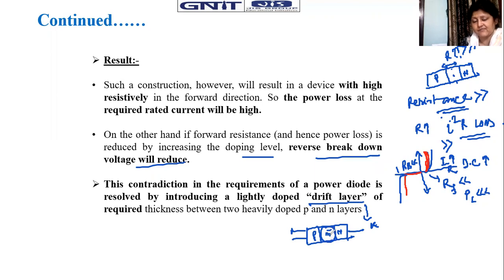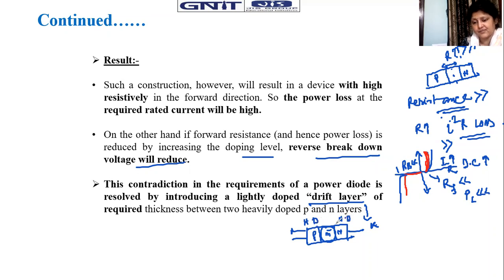That layer is very lightly doped because it is an N minus layer, as I have just written over there. It is termed the drift layer, and its thickness will be large. That means it is a thicker region between two heavily doped P and N layers.